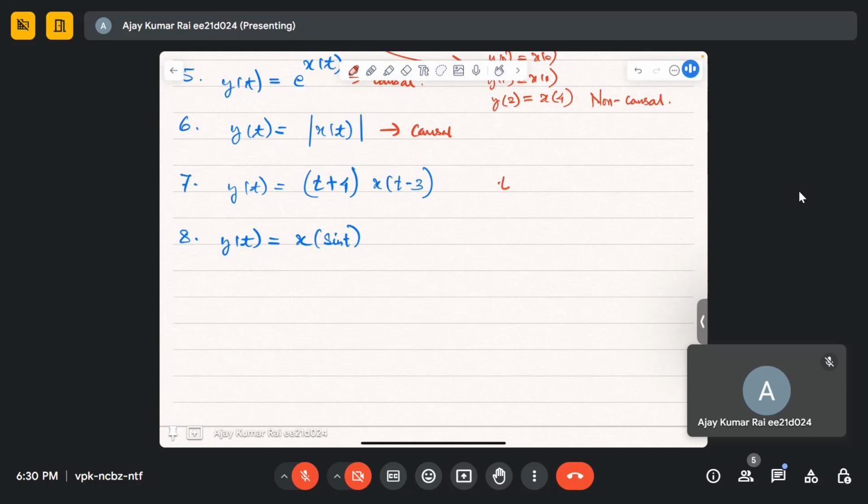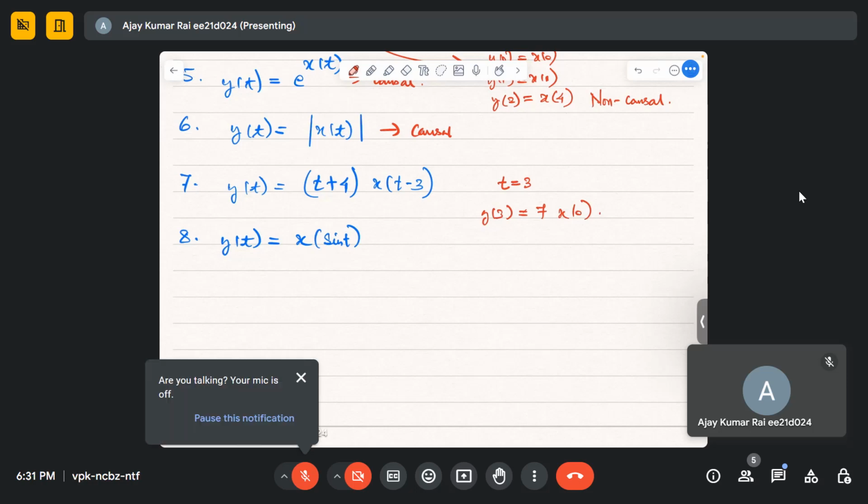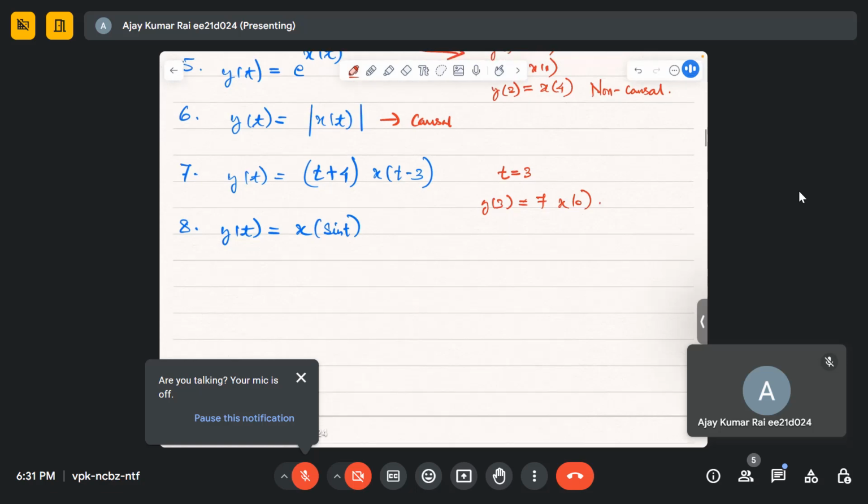Let me put t equal to 3. So this is t plus 4, 3 plus 4 is 7. So at time t equal to 3, it depends on past. So x of 0 is past, right? So up to now the system is causal.